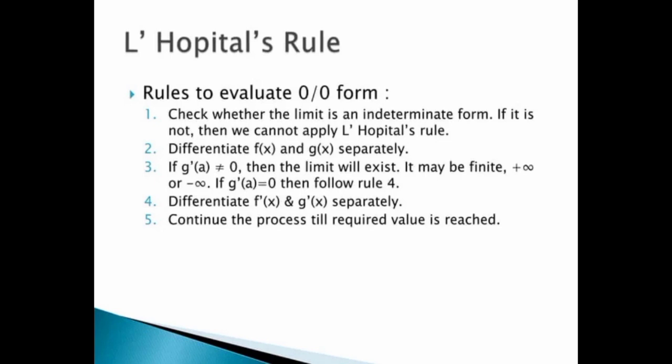It may be finite, infinity or negative infinity. If g prime of a is equal to 0, then follow rule number 4: differentiate f prime of x and g prime of x separately. Then lastly, continue the process till the required value is reached.